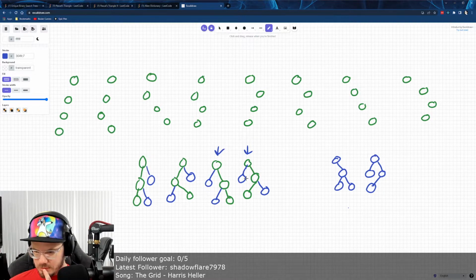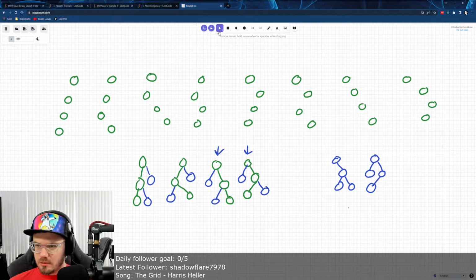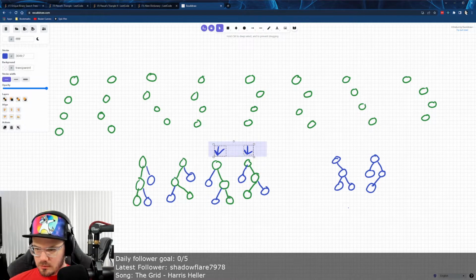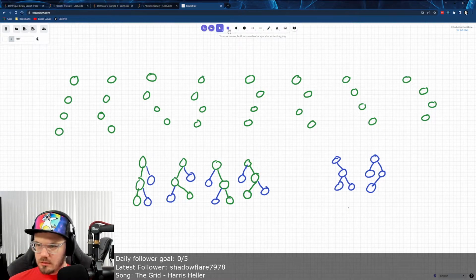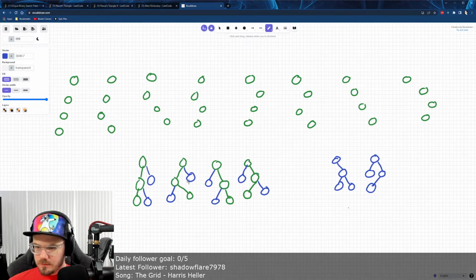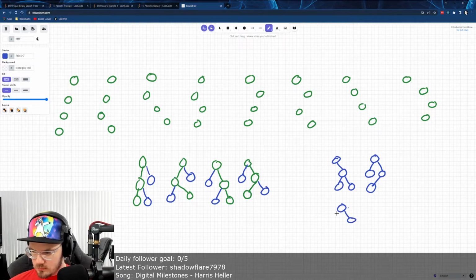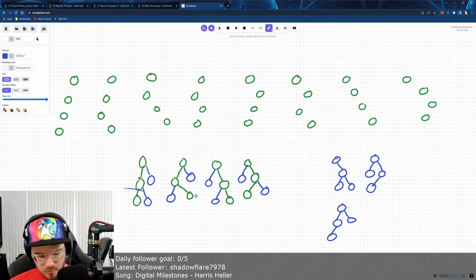So both of those, oh, and then I would assume that this, yeah, it's the same. So over here, these two, they both have one that looks like this. Is that right? No, that's not right.